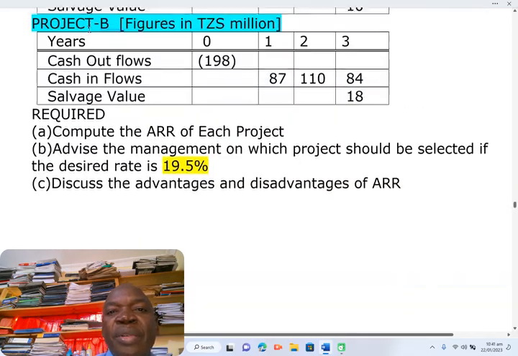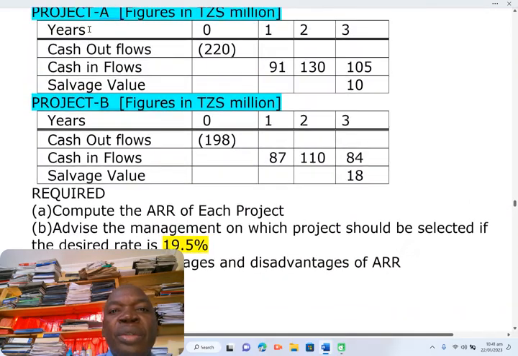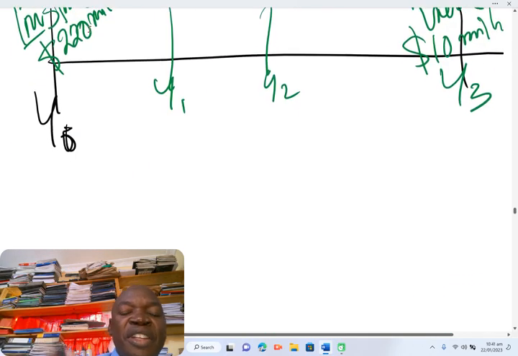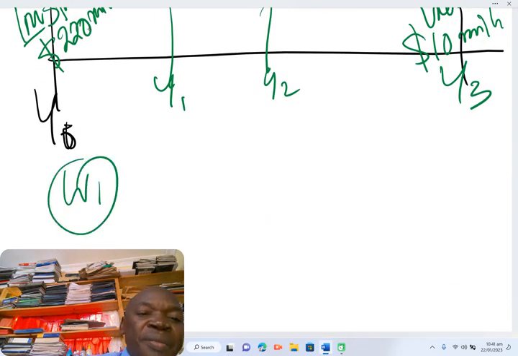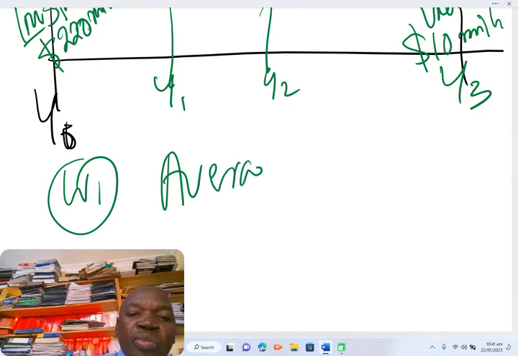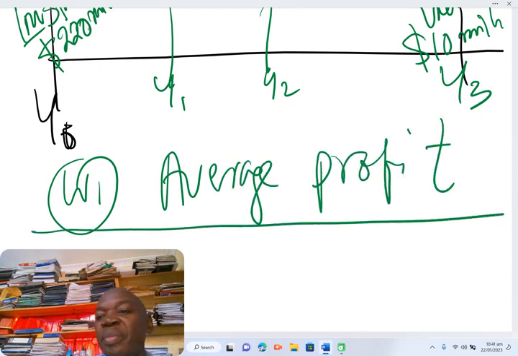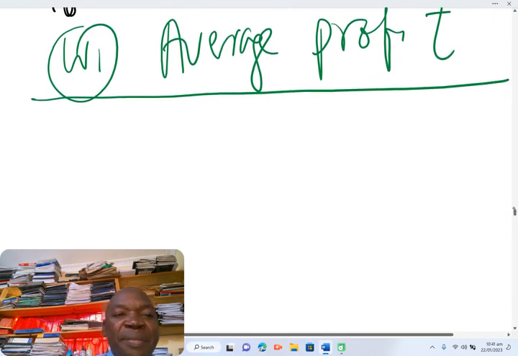For example, we needed to go through how we would compute the average profit. Working 1, average profit. We must be aware of year 1, year 2, year 3.